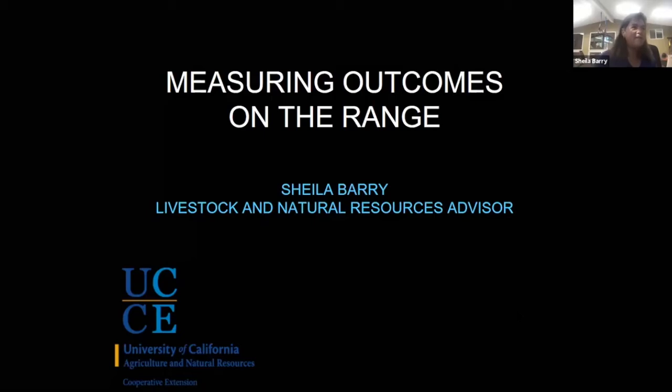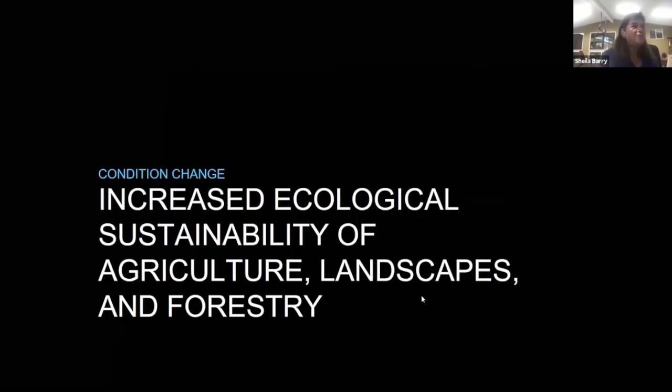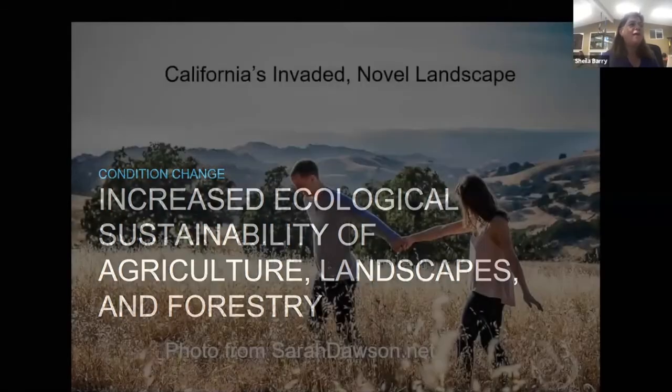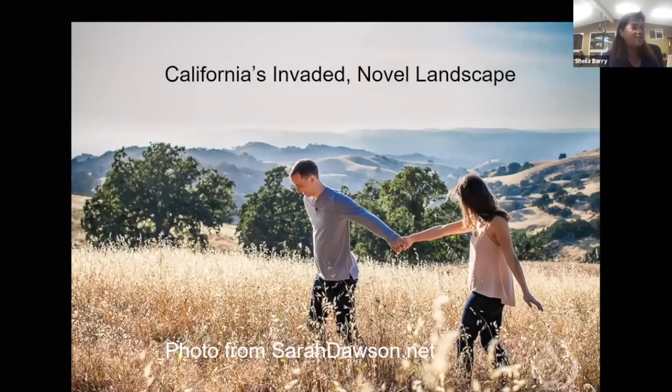So next slide. The condition change that I work under is increased ecological sustainability of agricultural landscapes and forestry. And the landscape is rangelands. Rangeland includes grasslands, woodlands, and shrublands, and it represents about 60% of California's landscape. So it's a pretty important land type in California.